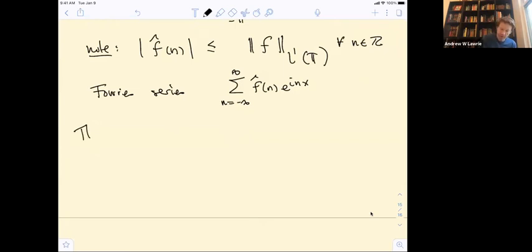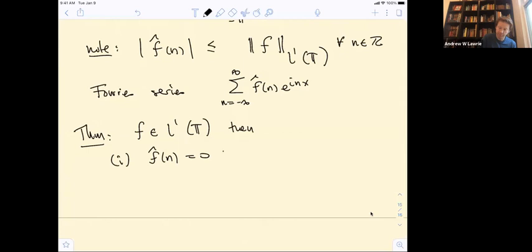The same theorem holds just for functions in L1. So if f is in L1 of the torus, then two statements. One is that f hat of n equals 0 for every n implies that f of x equals 0 almost everywhere, so f is the 0 function in L1.